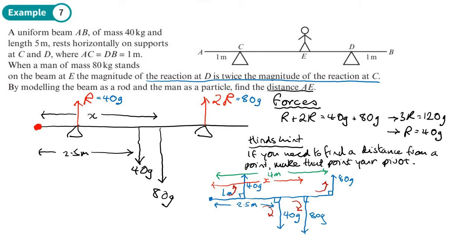So that's going to be 1 times 40g, don't forget the g, plus 4 times 80g equals 2.5 times 40g plus x times 80g. Yeah, so our clockwise equals our anti-clockwise.